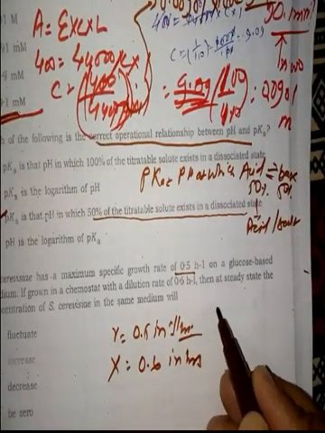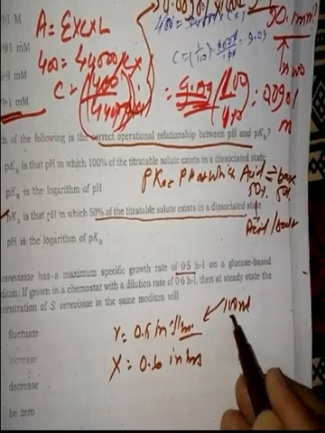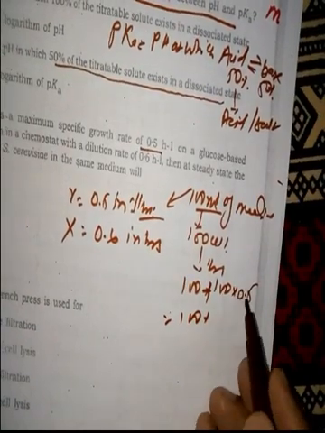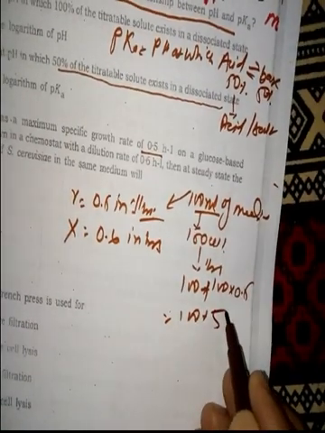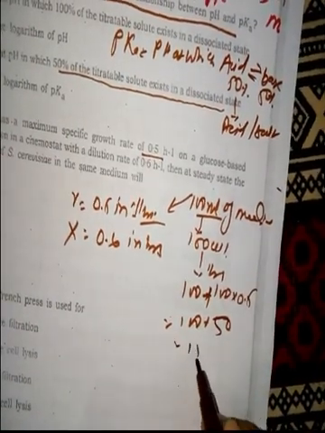What does it mean? Suppose you add 100 ml of media and there are 100 cells in it. After 1 hour it will be 100 plus 100 into 0.5, so 100 plus 50, which is 150.